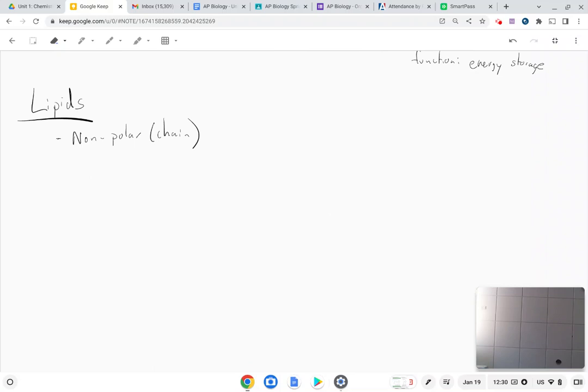And let's go ahead and define the most common lipid, which is a fatty acid. This is our first example. A fatty acid is a chain of carbon atoms with a carboxyl group.